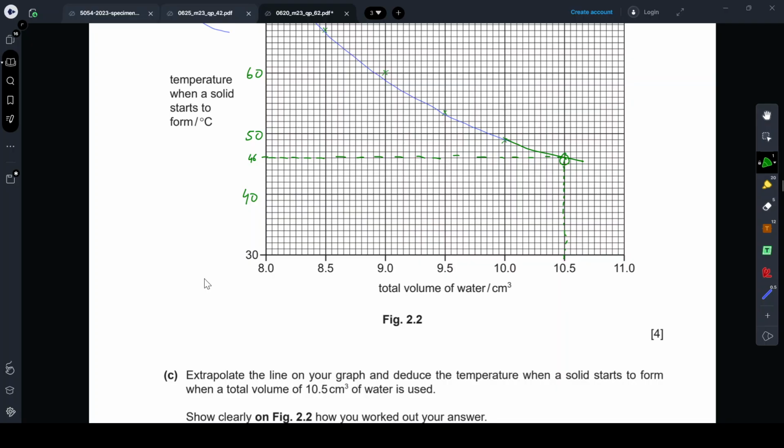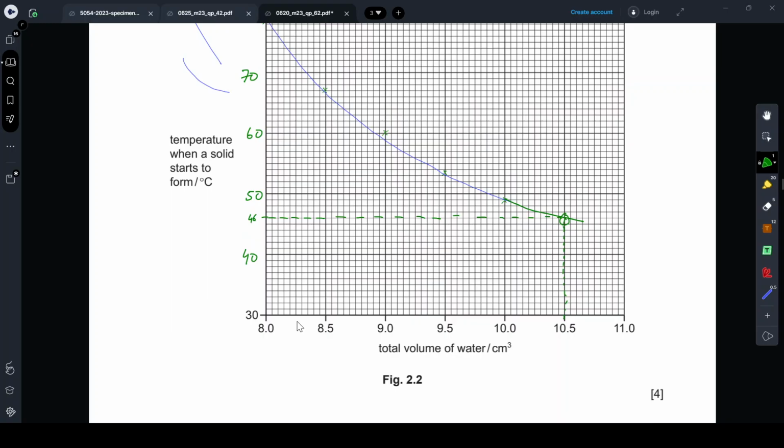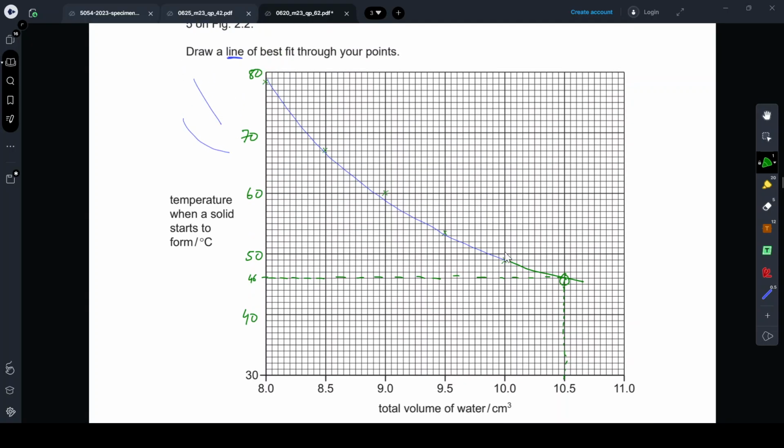Normally for solubility, it's taken as room temperature. Now, obviously 46 degrees is not room temperature. But what we can notice is as the volume of water is increasing, you can go to lower and lower values before the solid starts to come out again.